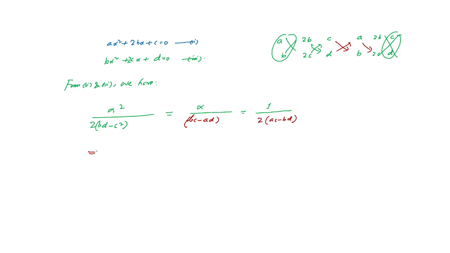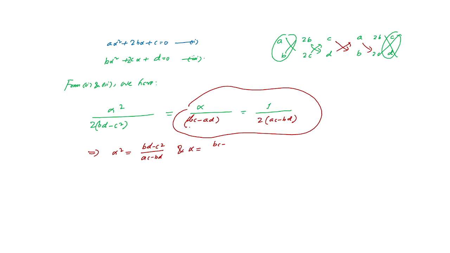So in that case, our alpha square is bd minus c square by ac minus bd, and alpha is bc. You just take this 2 and bc minus ad by 2 into ac minus bd.